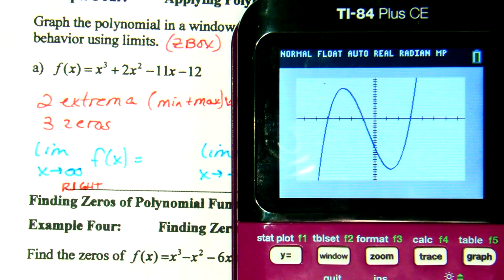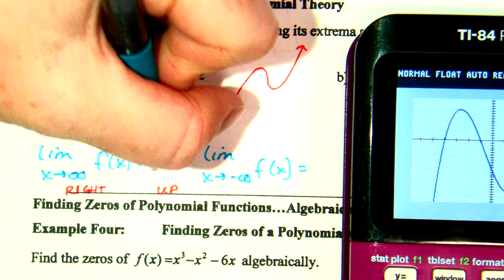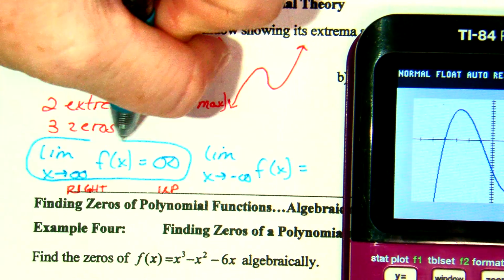So as I move to the right, where's my graph going? Up. How do I answer using not the word up, but the appropriate symbol? It's going up to positive infinity, yes? So you can say up. I'm okay with us saying up, but what do we need to write? Positive infinity. Does that help explain it a little bit?